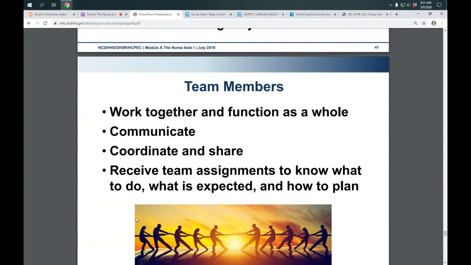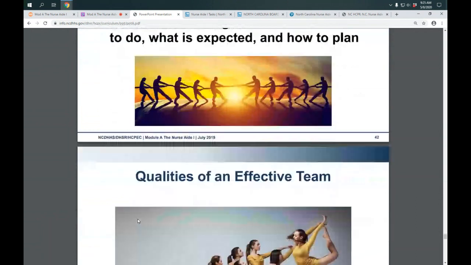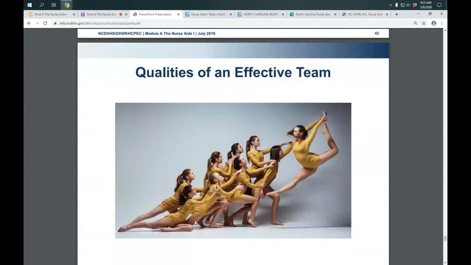Now, there are two different types of teams. You have an effective team, one that works together. Isn't that beautiful? And when you have an effective team, when everything is flowing and everybody's working together, this is what you'll find. The climate, we're not talking about the temperature in the room, we're talking about just the general feel.